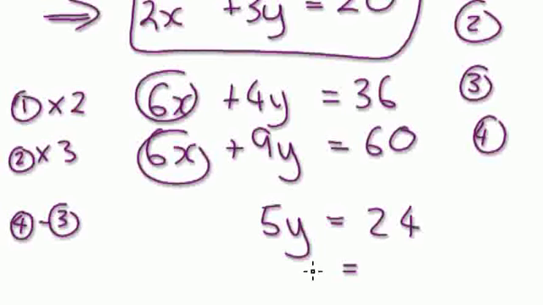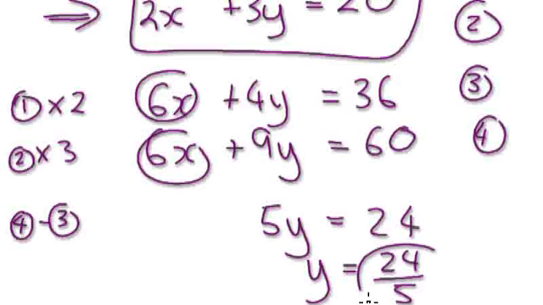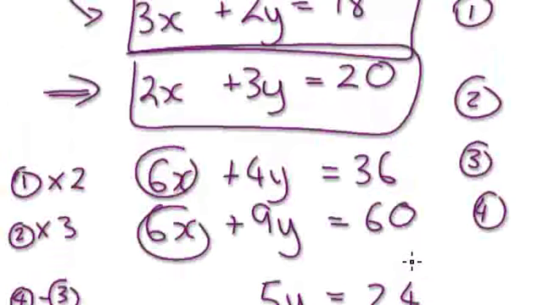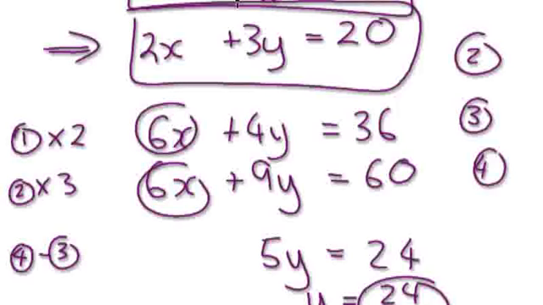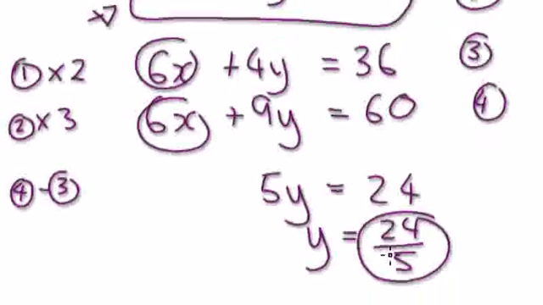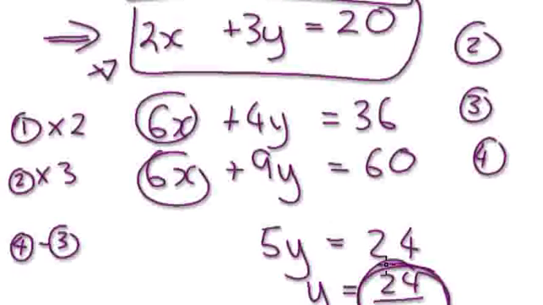And then divide both sides by 5. So let's just leave it as a fraction, 24 over 5. Now put this back into one of the above. Let's just put this one here. Put 24 over 5 into the y.